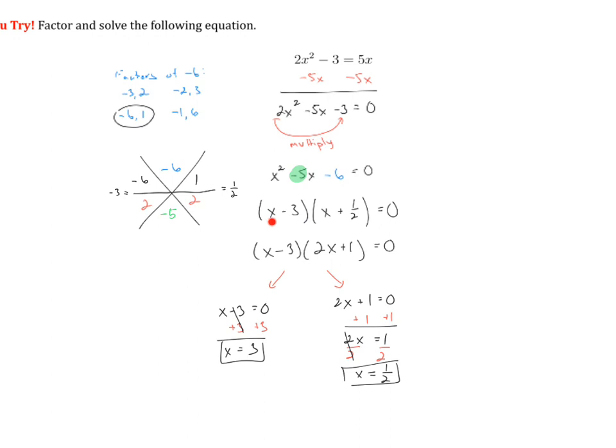So here are our factors, x minus 3 and x plus 1/2. Again, just to make sure that we have the correct factor written out, we're going to change this to 2x plus 1. In other words, I'm taking my denominator here and moving it to the coefficient of x right here. But after that, we can set each of these expressions equal to 0. We get that x is equal to 3 and x is equal to -1/2.